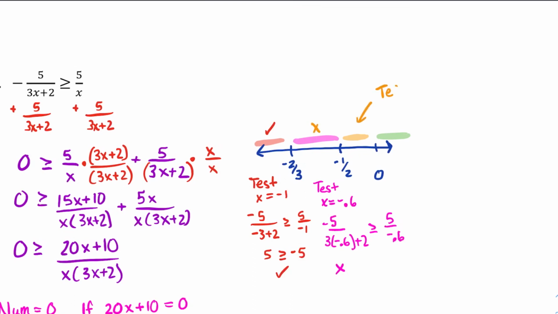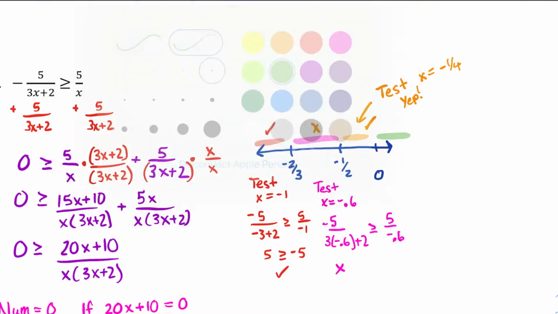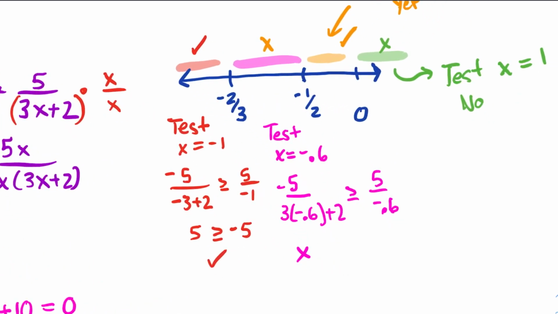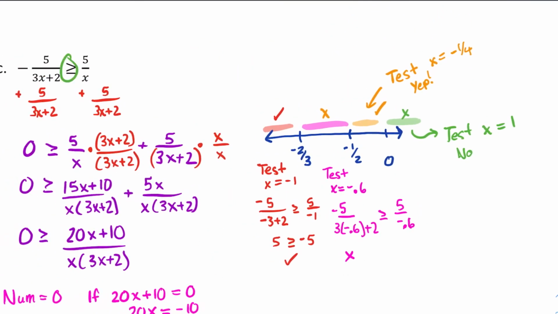I'll test a couple more in the other two intervals. By the way, there's not really a pattern to these, like on your quadratics, you knew it was either the middle or the two outside ones. Rational functions don't have a standardized shape like that, so you do have to test a value in every single interval and check. No shortcuts. So I ran through and tested values in all 4 of those intervals.